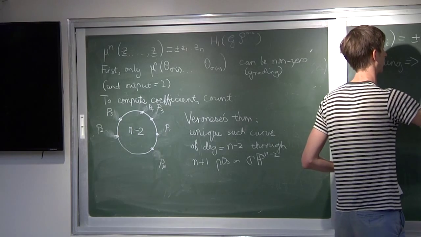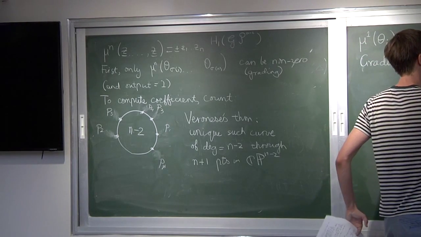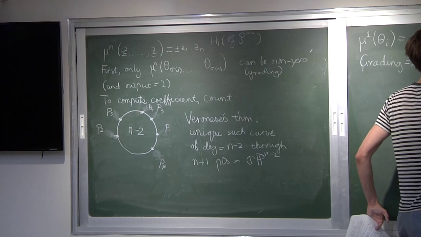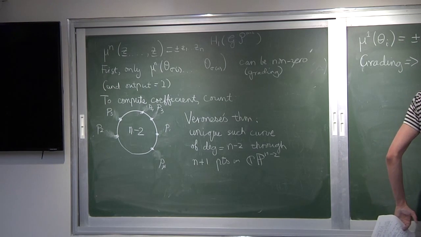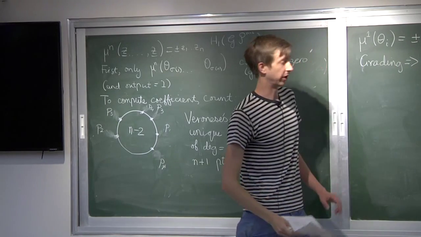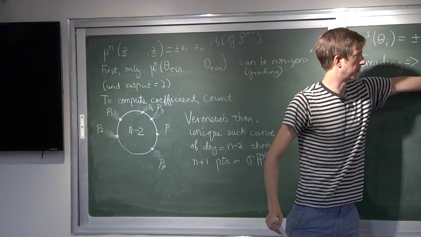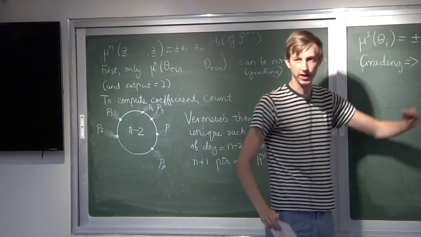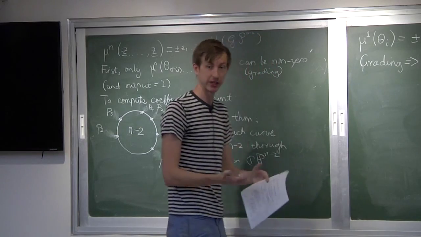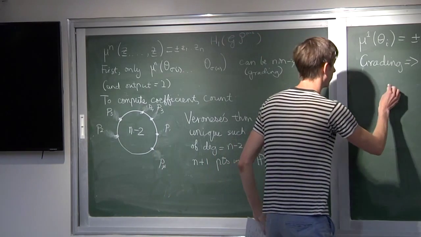Basically, it says the only first order term that could possibly contribute to mu1 of theta i is some multiple of this q_i. We just need to work out what the multiple is by counting these configurations.